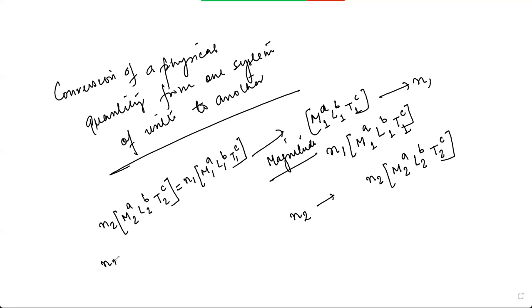So n2 will be calculated as n1 times M1 by M2 to the power a, L1 by L2 to the power b, and T1 by T2 to the power c. This equation is to be applied only after expressing the physical quantity in absolute units.